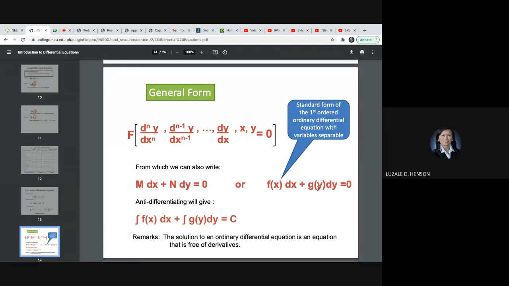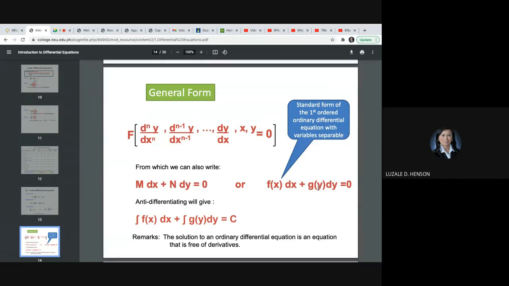So, in analytic geometry ninyo, meron tayong general form, meron tayong standard form. Example, the general form of a quadratic equation is ax squared plus bx plus c equals 0, correct?